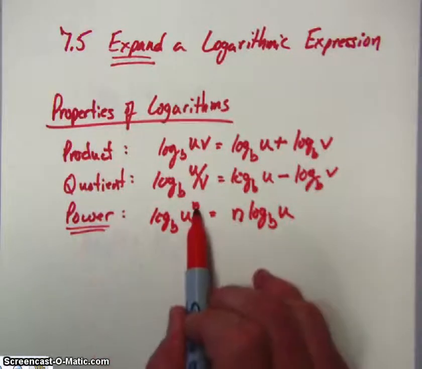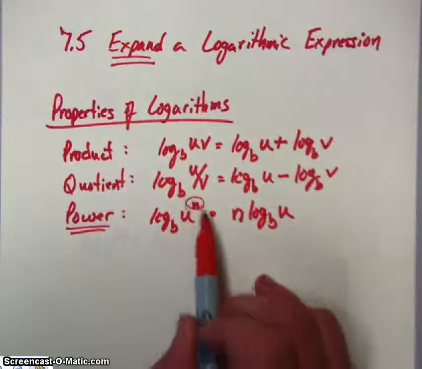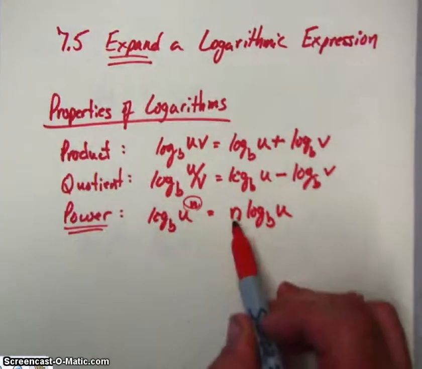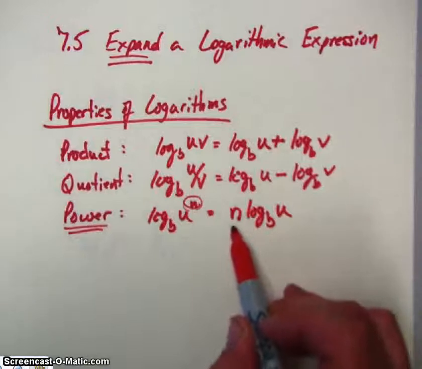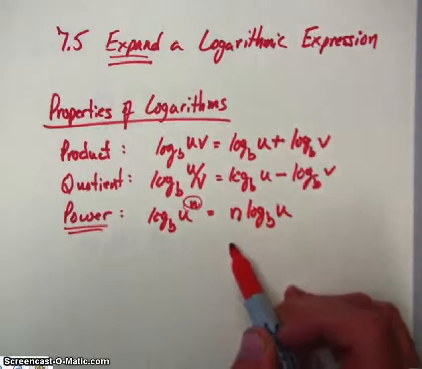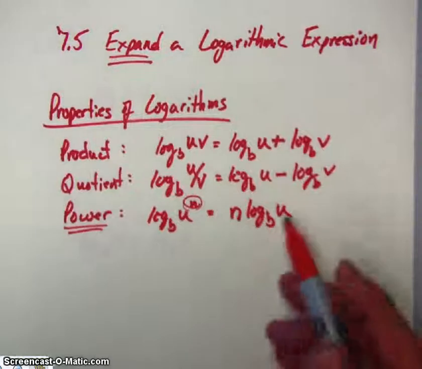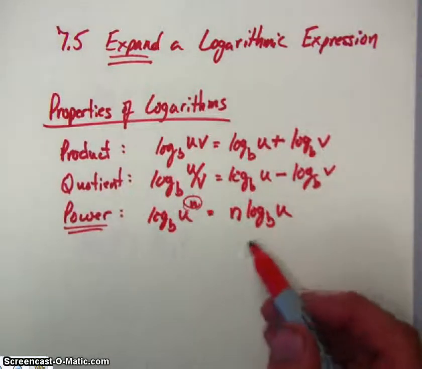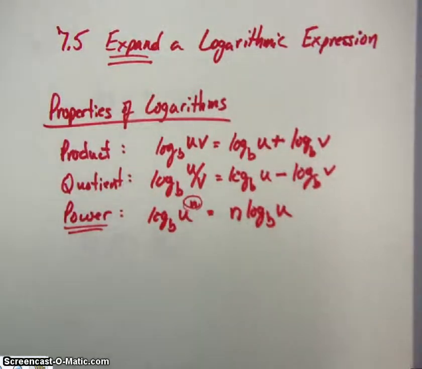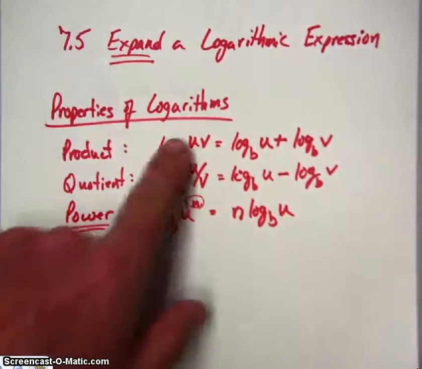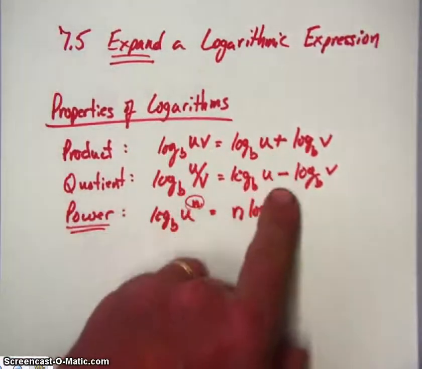It helps me bring down this number or variable, whatever it may be. If it's in a log, I can bring it down, it becomes a coefficient. So now it becomes a problem where I can solve it if I need to. So this is what's coming up. Eventually you'll see, maybe later in Algebra 2 or in pre-calculus. So let's do some examples where we're going to take something like these and expand them.